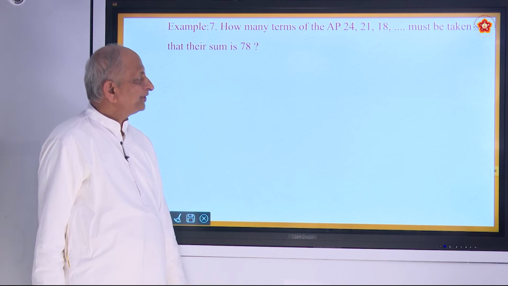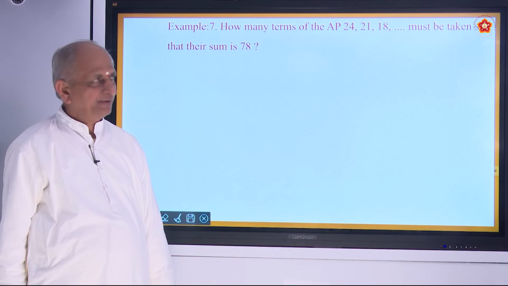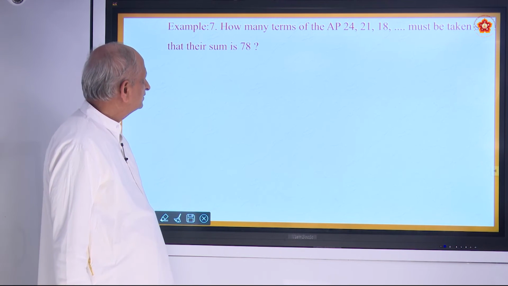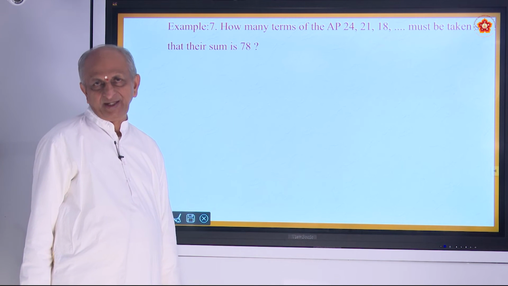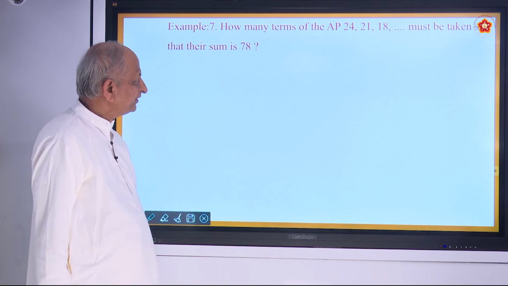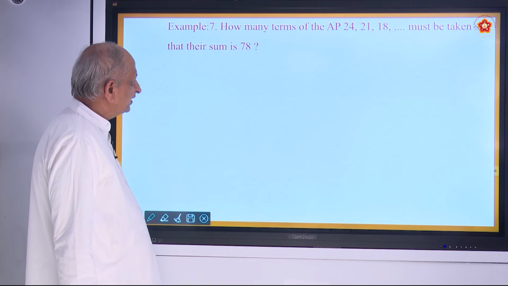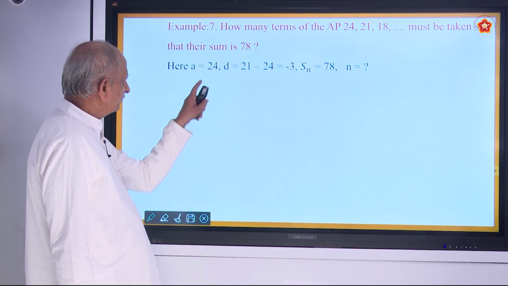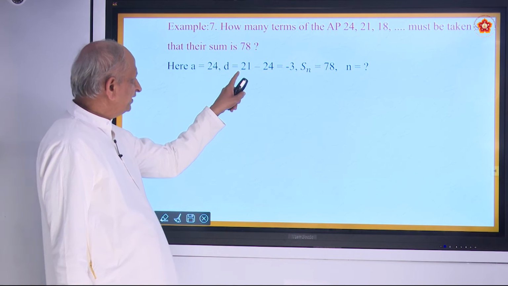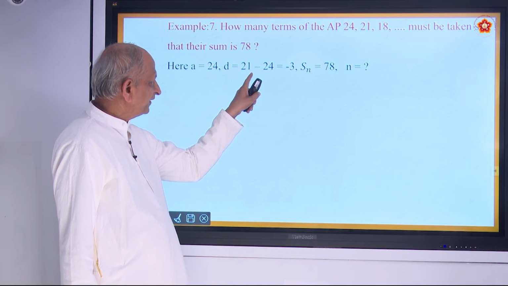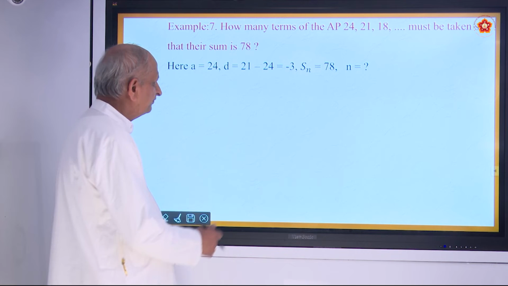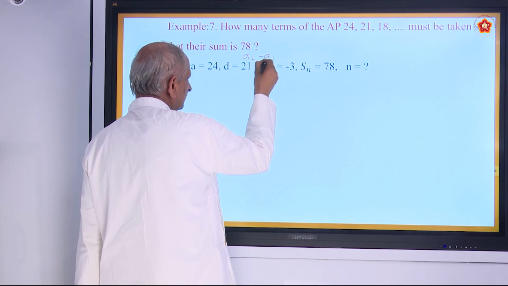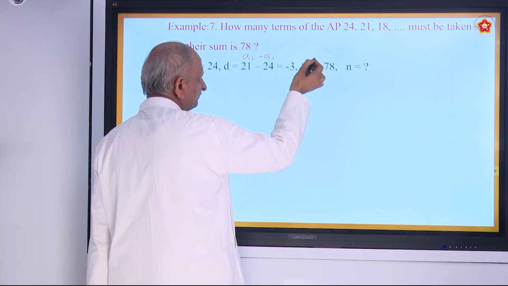How many terms of the AP 24, 21, 18 ... must be taken so that the sum is 78? A sum is given, they are asking n, number of terms. So A is given to be 24, D is the common difference, second term minus first term, A2 minus A1, that is minus 3.